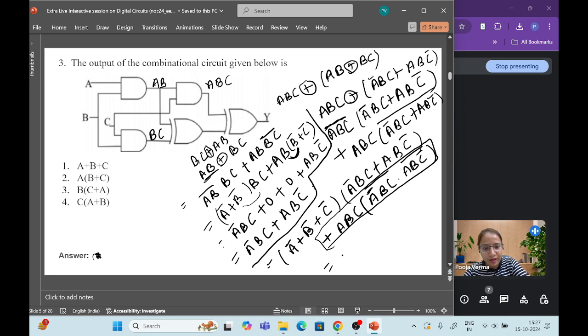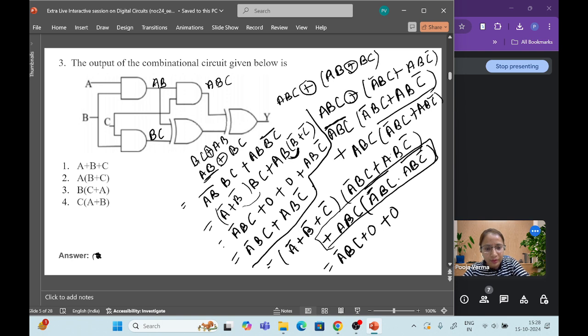So A dash will be the same. So A dash BC plus A, and A dash will be cancelled out, it will be 0. Okay, so plus 0 again, then multiply B in both, then check B dash will be cancelled out, right?